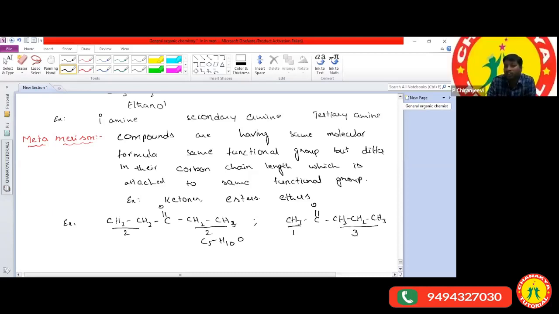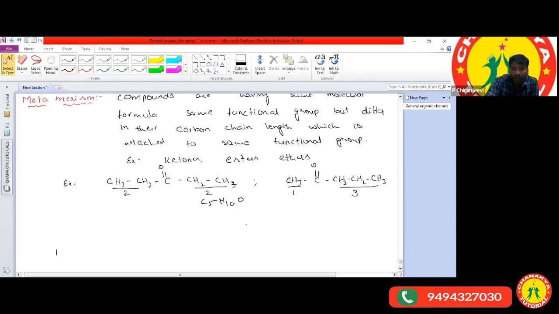So the carbon chain length attached to the same functional group is different. In these two structures, the carbon chain length is different, attached to the same functional group. Hence, these two are considered metamers.